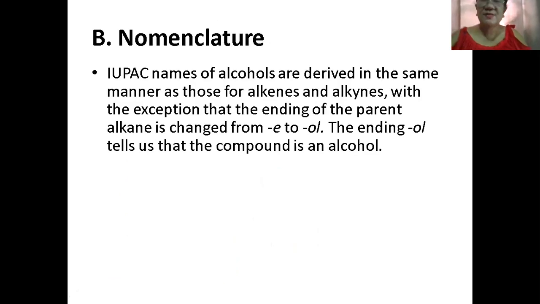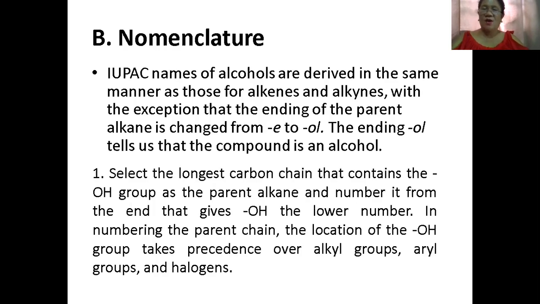So how are we going to name this? In the IUPAC system, it is the same as the alkanes and alkenes. What is changed is that instead of ending with -e, as in alkane, here it will end with -ol, because alcohol, -ol. The ending -ol tells us that the compound is an alcohol.